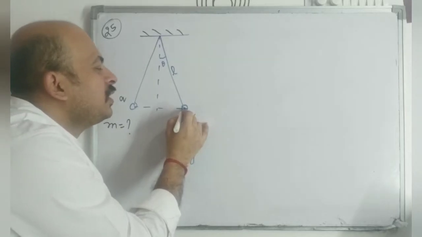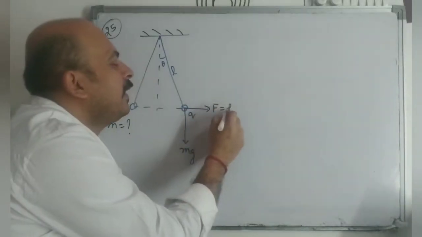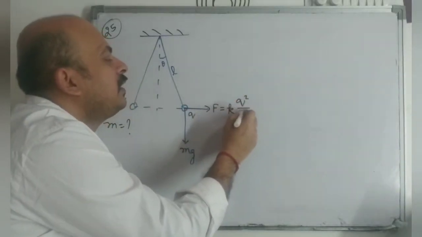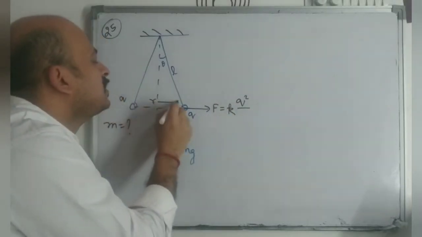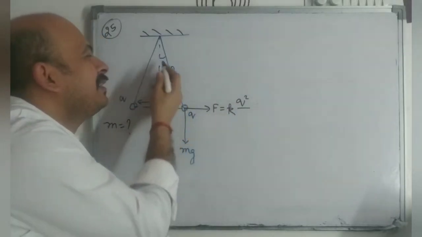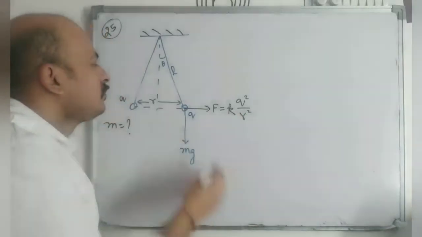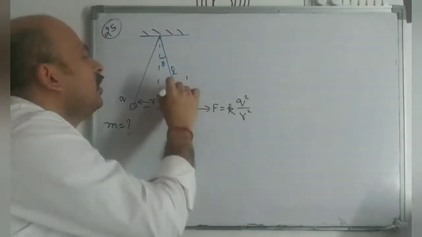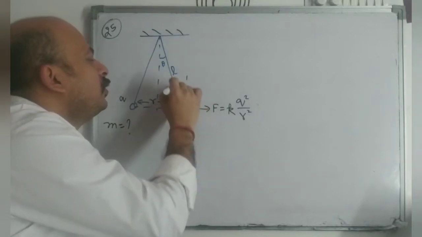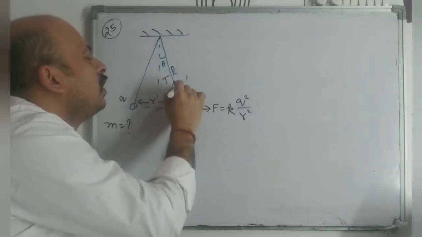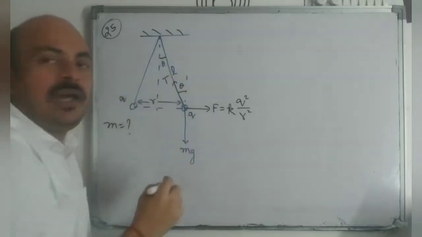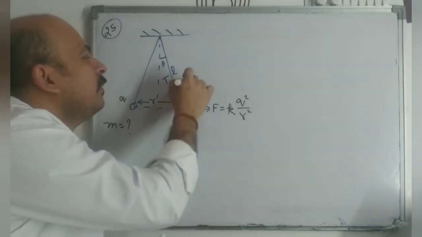Now the force acting on this charge will be repulsive, and that is k q square upon r square, where r is the distance between them. That is not given, but theta is given, so we can calculate r. There is a force acting in the thread that is called tension. If this angle is theta, this will also be theta.